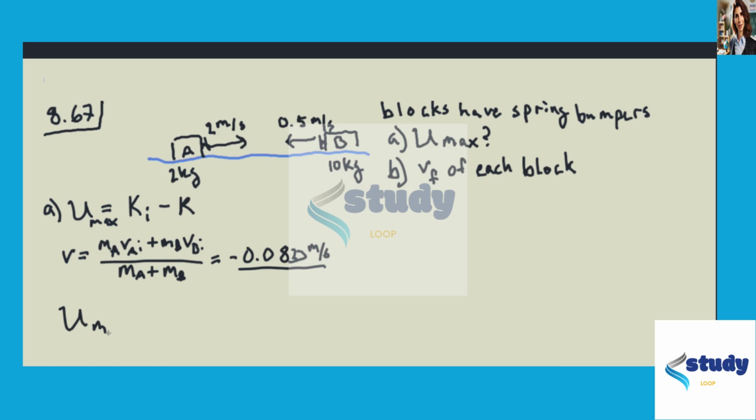And then U max is just a simple matter of plugging in all of our kinetic energies. Just going to take the 1/2 out front so we don't have to keep writing it.